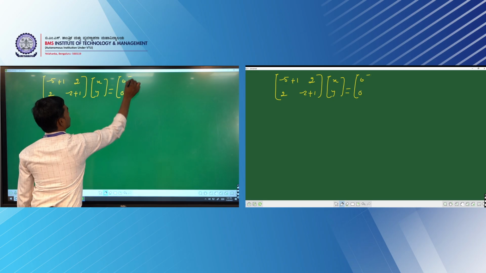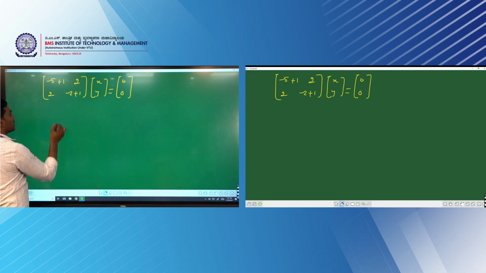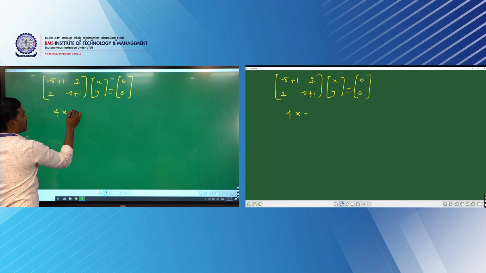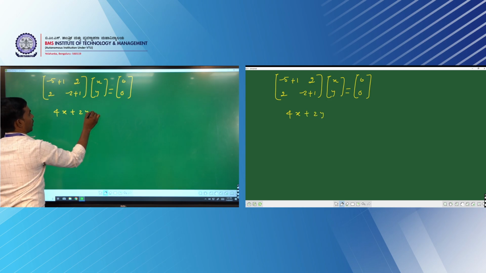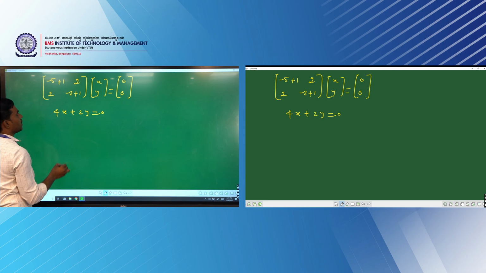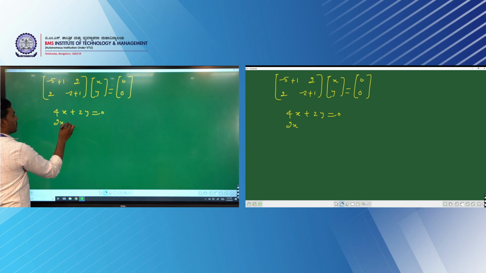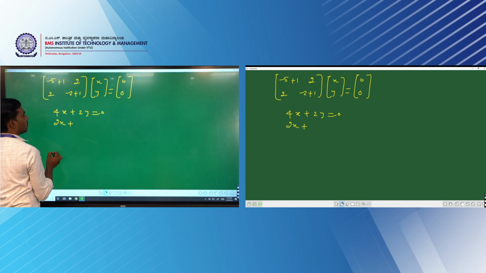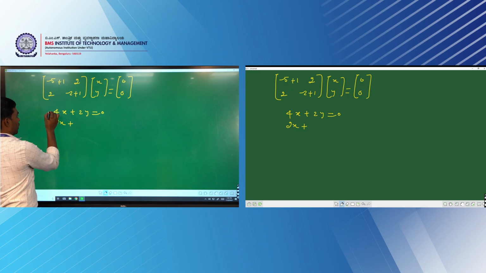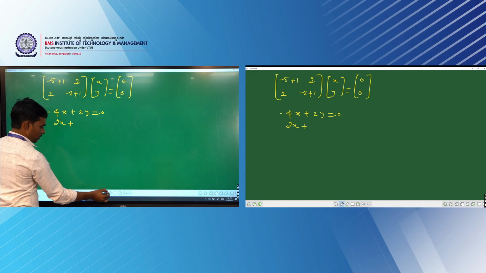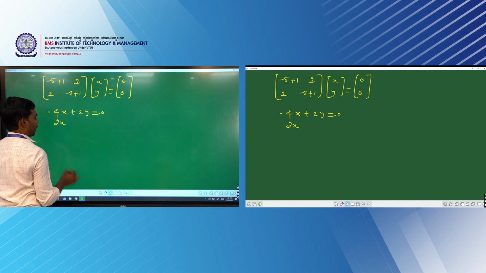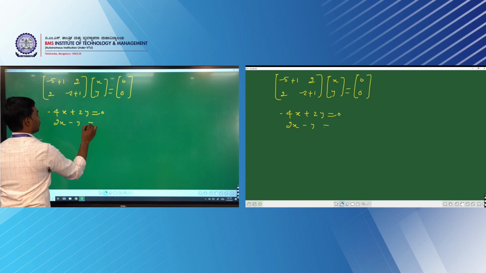Now if you multiply it, it is minus 4x plus 2y equal to 0 and then 2x minus y equal to 0.